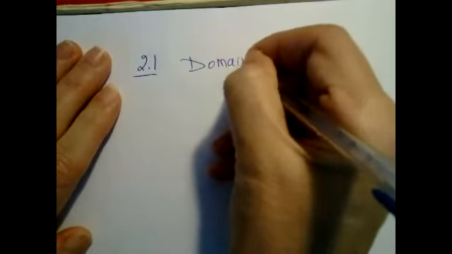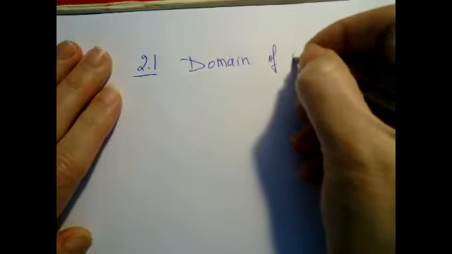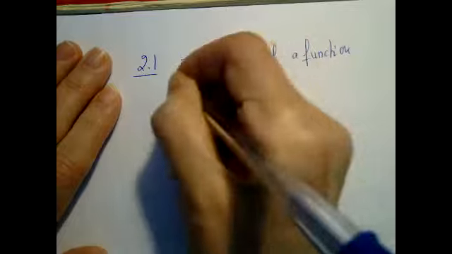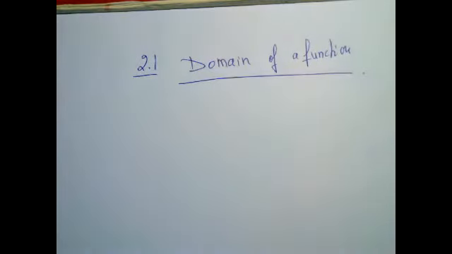But at the beginning, we're going to go over domain one more time because usually students have difficulties with that topic. So section 2.1, domain of a function. And be ready for questions. I'm going to pick a student and make them answer.